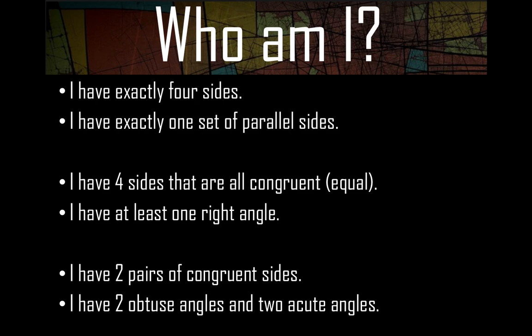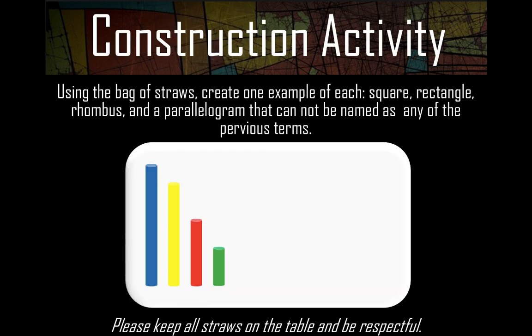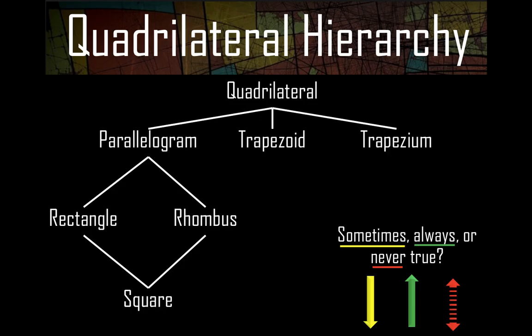So you're going to have to determine that. I want you to look at your chart. Your chart that looks like this. I want you to look at this chart and say, okay, I know it's a quadrilateral because that's what we're dealing with because it has 4 sides. But if I'm looking at a quadrilateral, is it a parallelogram, trapezoid, or trapezium? And then you're going to go from there and try to figure out what type of shape it is based on knowing what each of these shapes means.